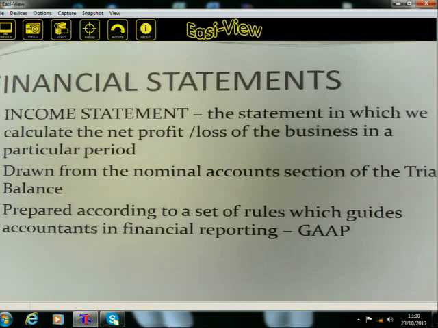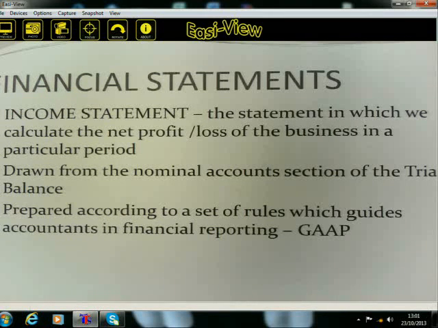So if the trial balance is not given according to sections, usually the balance sheet account section will be grouped almost together at the top, and then the bottom ones will be the nominal accounts.